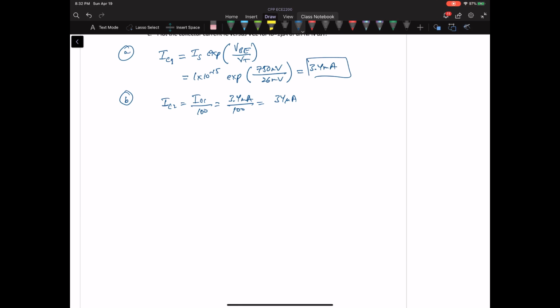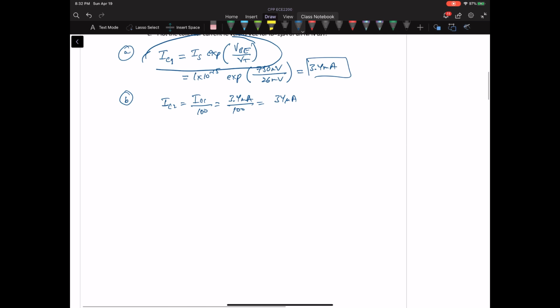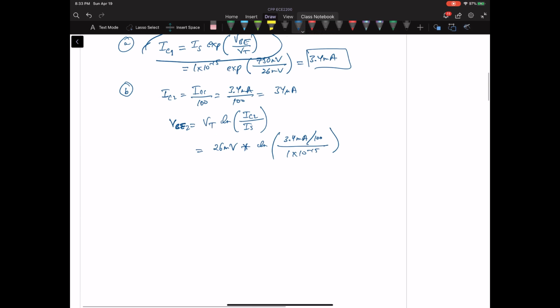Okay, and we're going to reformat this equation to bring VBE to the side, so VBE2 is VT natural log of IC2 over I sub S. That's 26 millivolts times the natural log of 3.4 milliamps divided by 100, divided by 1 times 10 to the minus 15.